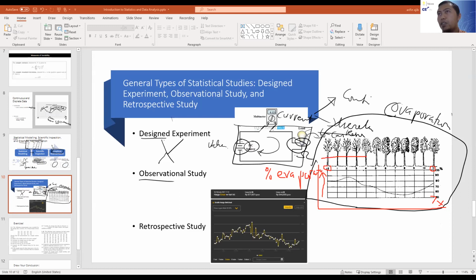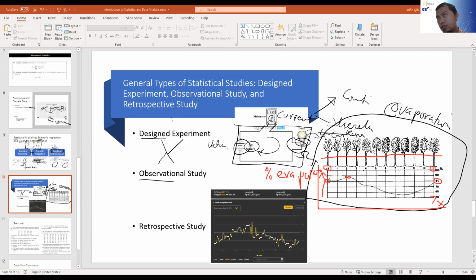And this is the condition of the tree. Around December, the evaporation is around 80%, and because of this, the tree has no leaves, and then it increases in February and becomes maximum in February.